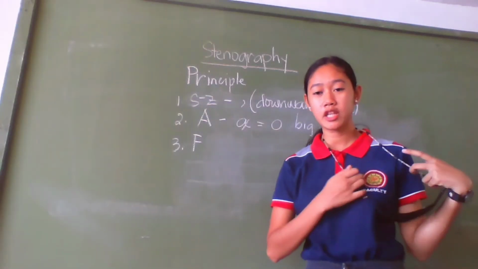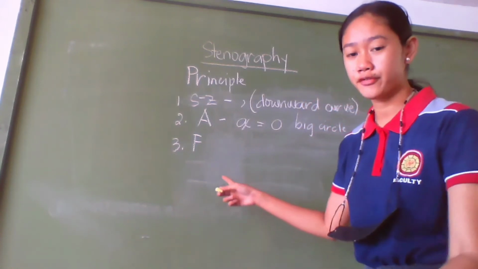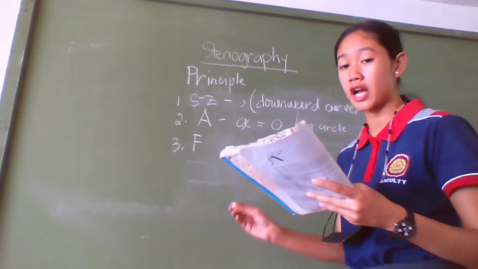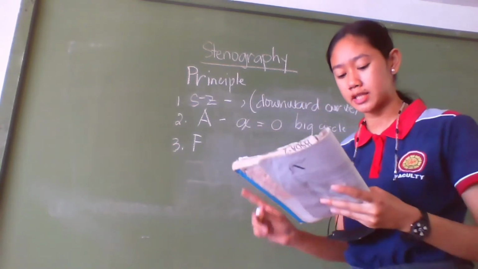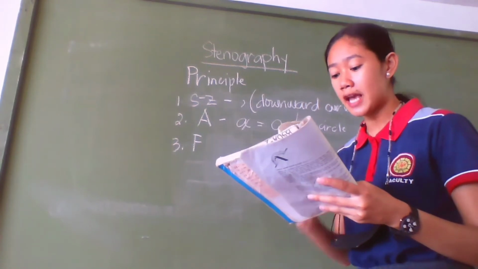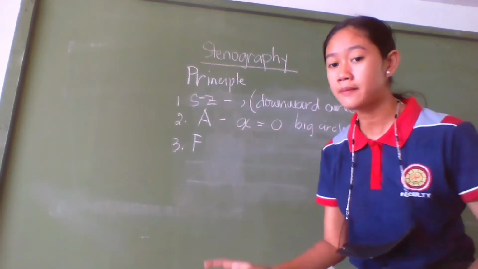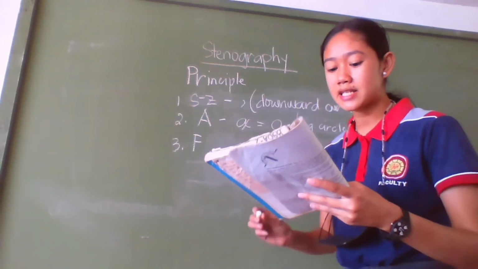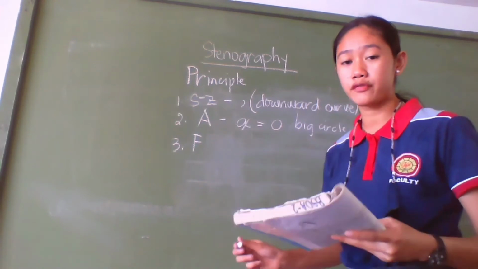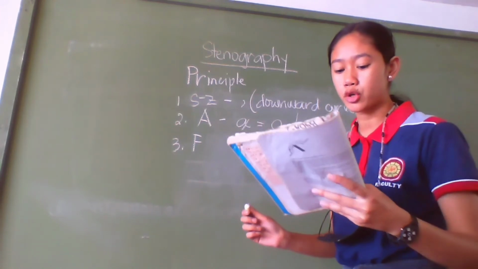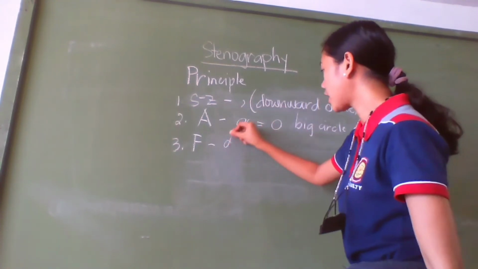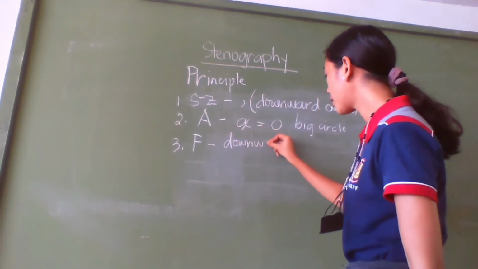So let us continue. In letter F, the next two shorthand strokes you will learn are F and V. So unahin muna natin si F. The shorthand stroke for F is a downward curve, the same shape as S. Okay? But it is somewhat longer, approximately half the height of the space between the lines of your shorthand notebook. So si F daw is the same with letter S, ang kanyang principle, downward curve.